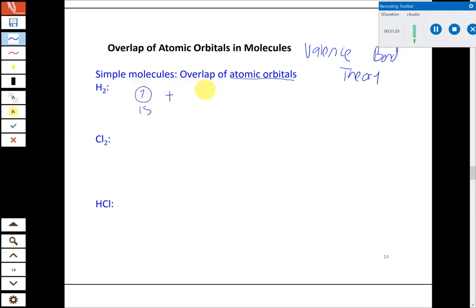So if we take two hydrogen atoms and overlap those to make H2, what we're going to do is take two 1s orbitals, one from each hydrogen atom, and form an overlap region. We're basically going to smush these together where the two 1s orbitals overlap. They should be ideally the same size and still spherical shape, but as you guys know, I'm a terrible artist, so bear with me. So you're going to have two overlapping 1s orbitals, and the two shared electrons are going to be sort of in that overlap region, in the part of space where the two orbitals overlap with each other.